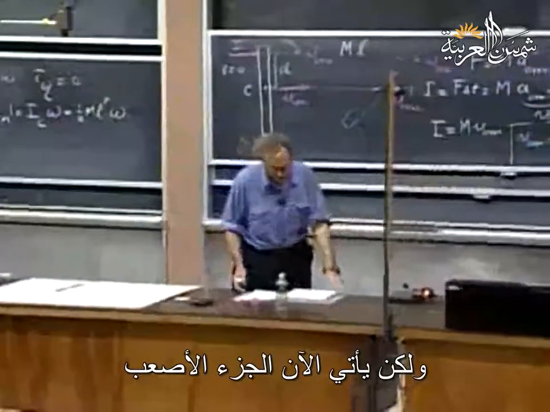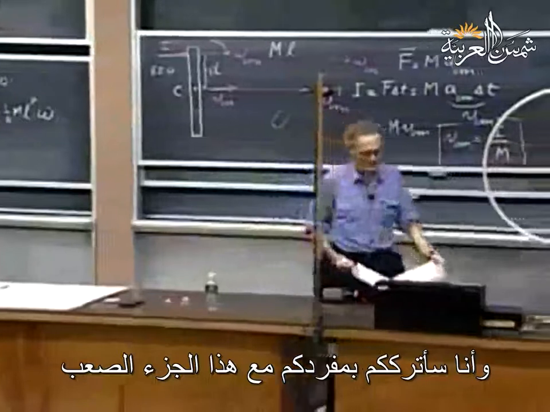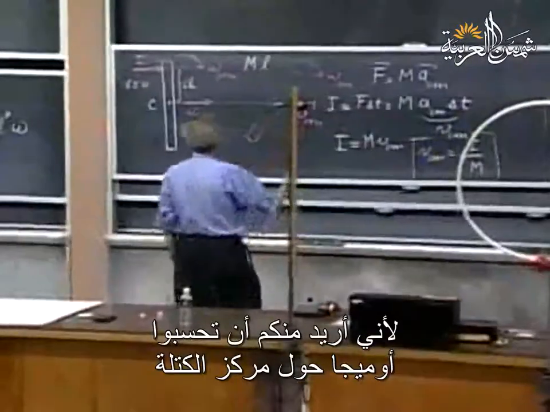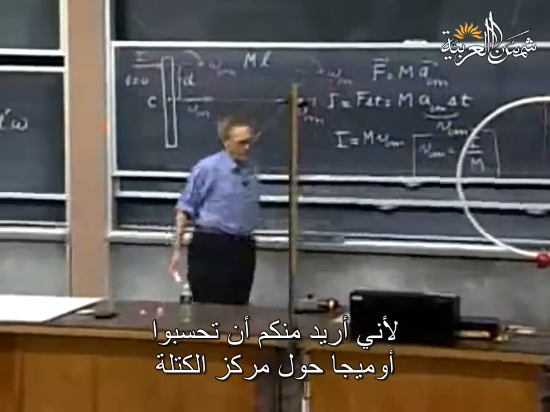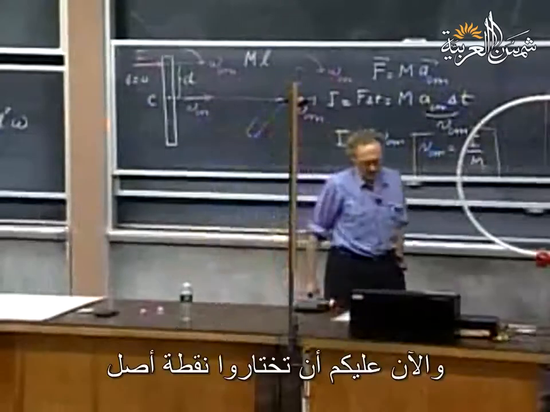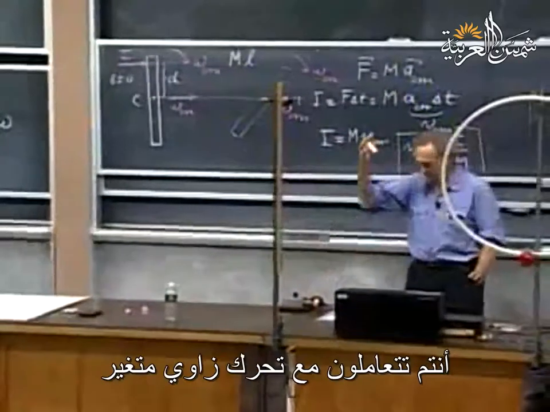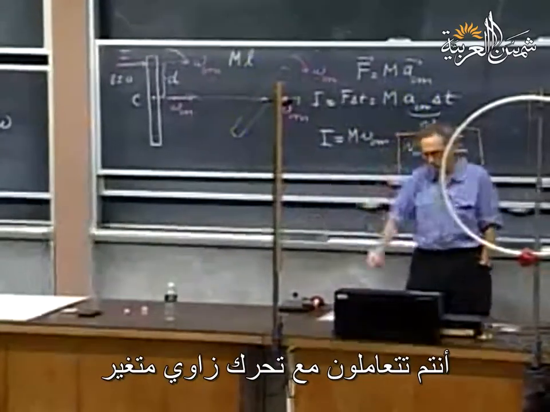But now comes the hardest part, and I will leave you largely with that hardest part, but give you a few clues. Because now I want you to calculate omega about the center of mass. And now you have to choose an origin, because you're dealing with torques, you're dealing with changing angular momentum.